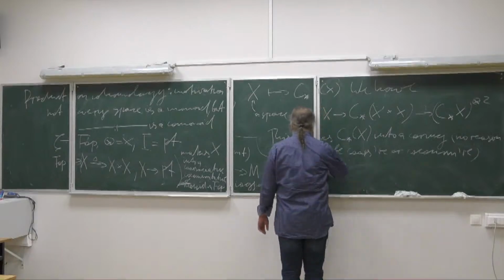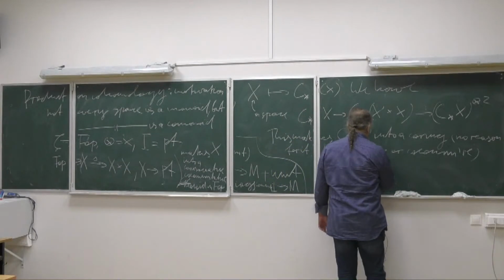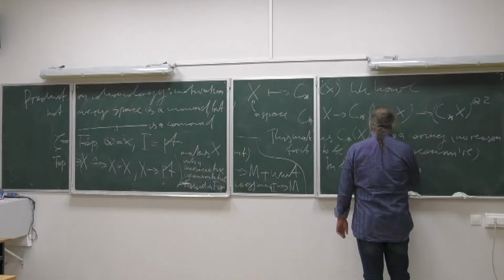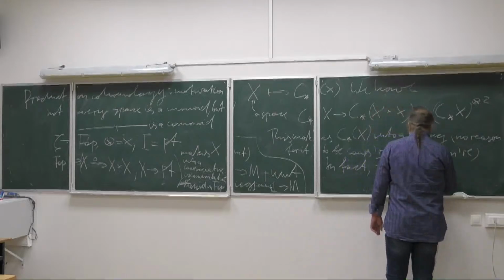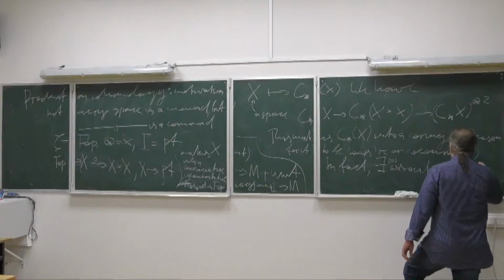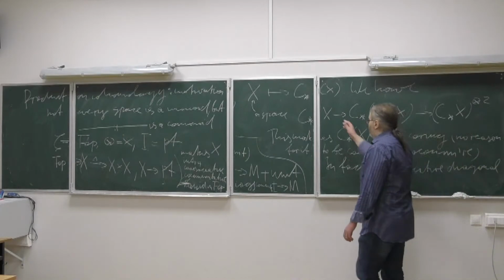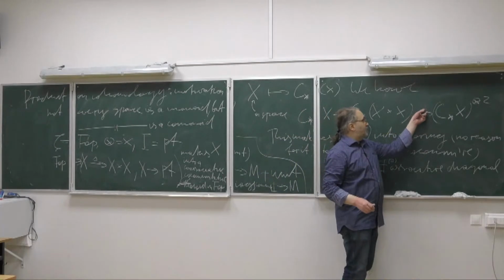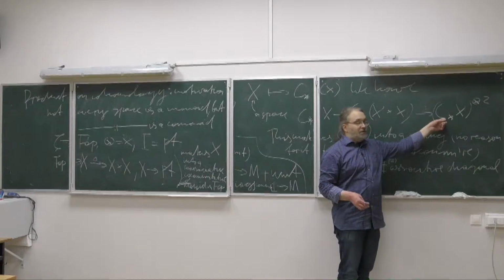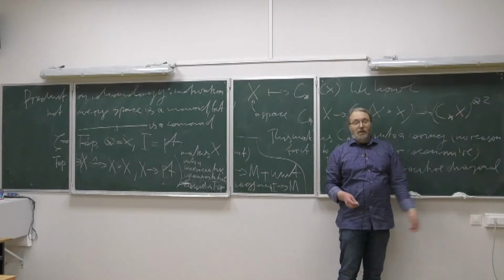In fact, there is a way to choose this map so that the resulting map from C lower star to C lower star squared would be co-associative.